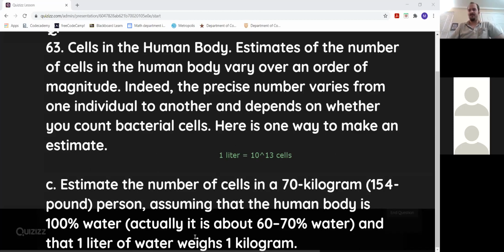And then I'm going from 1 liter of water, and I'm using the fact that I know 1 liter of water is 10 to the 13th cells. And then I have to do a little bit of shifting around to put this into scientific notation. Remember, I should have 1 number out in front. So this one is going to have a number out in front.